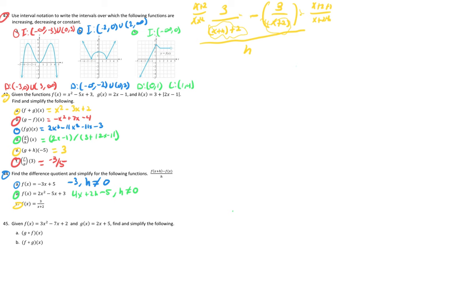And then I'm going to rewrite that divided by h in this next step. So we should get 3 over x plus 2 plus h multiplied by x plus 2, minus 3 over x plus 2, plus h, over x plus 2 plus h, x plus 2.